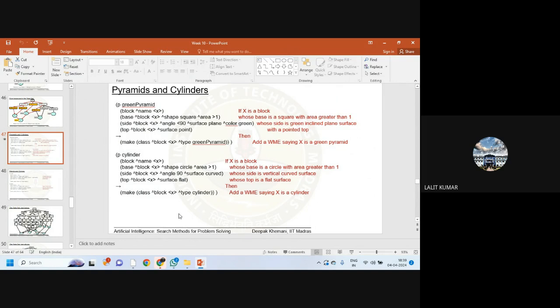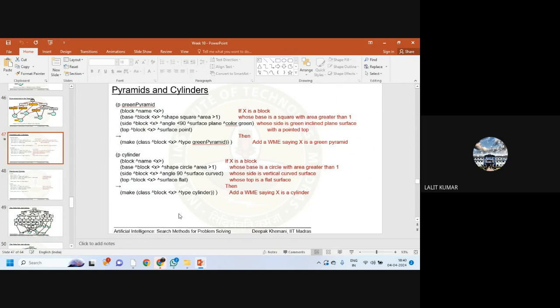So if we see, for example, the first rule, P means it is a rule. Green pyramid, that is the name of the rule. Then it has got four patterns: one, two, three, four. First pattern: block, attribute name, and variable X. So it will take blocks, names, and any variable one by one, and then it will match.